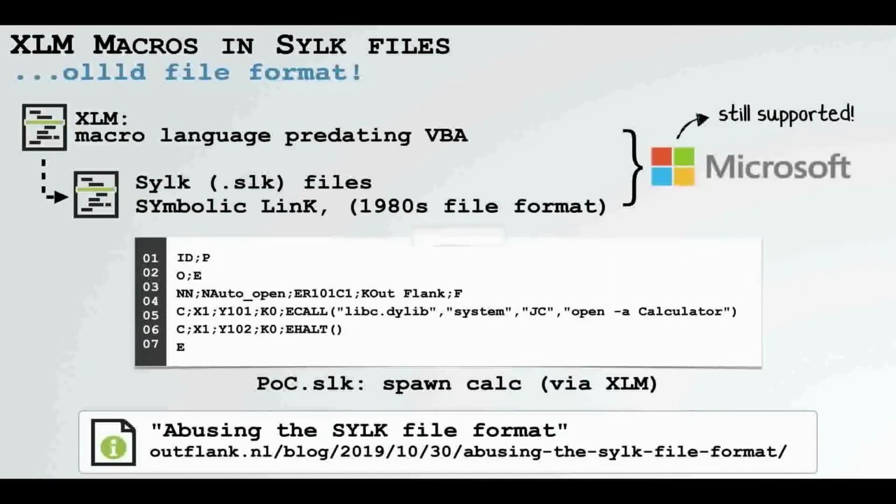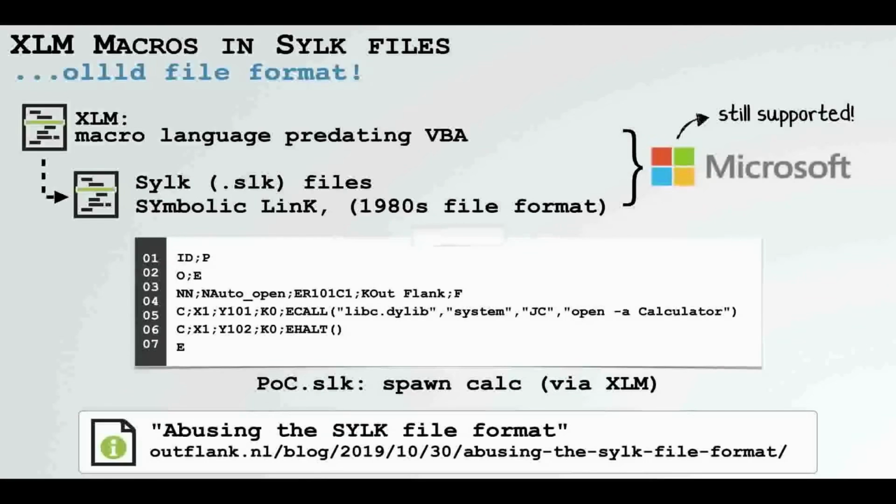By abusing an incredibly old Microsoft file format called SYLK files. How old? Like from the 1980s, before I was even born. And they also used a macro language not written in VBA, but something called XLM. Not XML, XLM. Now, Microsoft loves to support old file formats for compatibility reasons. So yeah, these old file formats still work even in recent versions, specifically in Excel.